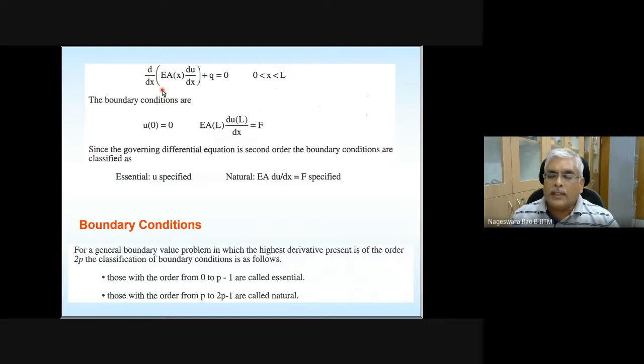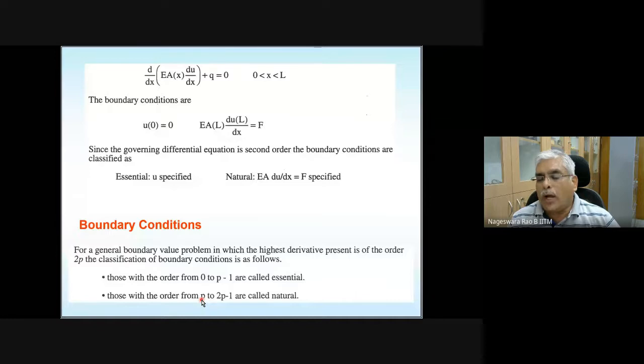Now apply this. Those boundary conditions of order 0 to p minus 1. P is equal to 1 for this particular problem, so 0 to 0. That means the 0th order boundary conditions are essential. And those boundary conditions of order p, which is equal to 1.